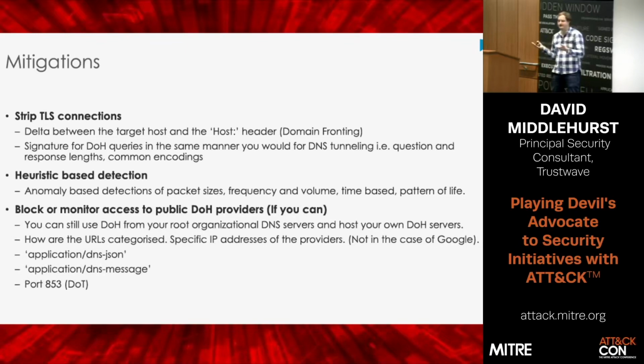But if you're not stripping SSL, really all you're going to see is someone opening a connection to a Google endpoint or Cloudflare endpoint, etc. So that's interesting. Obviously, with heuristic-based detections, we're talking about relatively small amounts of data here, but maybe you can do something with pattern of life, etc. My advice at the moment, and it's pretty hard when it comes to Google because of the way they've architected it, is maybe block access to the DOH endpoints if you're in an enterprise for the time being.